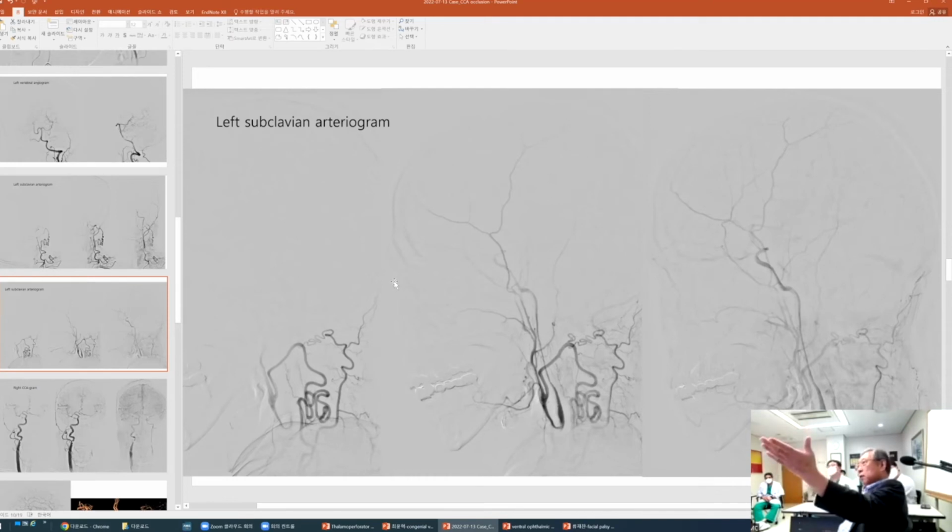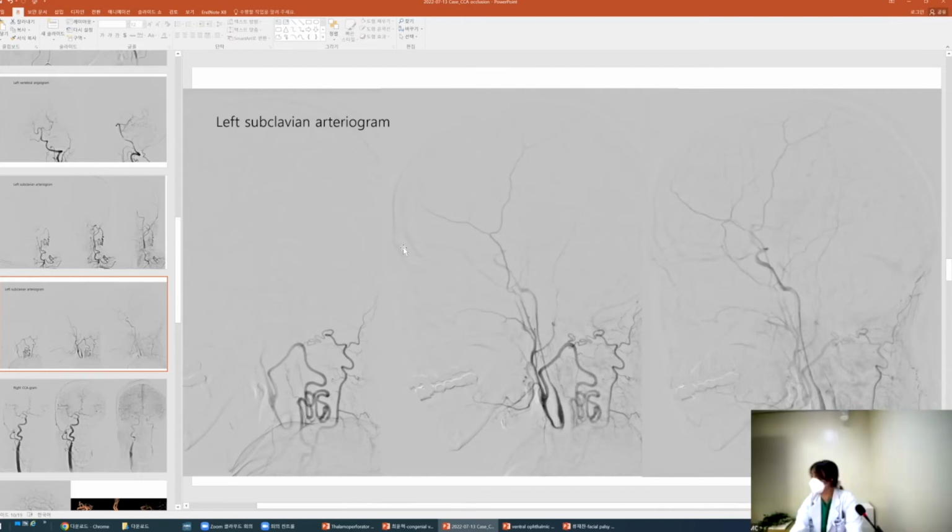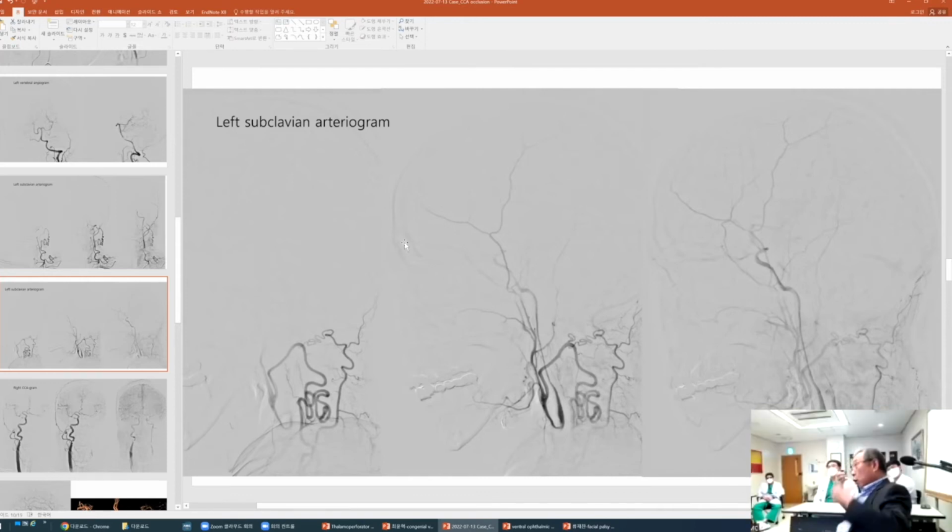You have extensive collateral from cervical arteries to the external carotid artery. Cervical arteries are more of a metameric orientation, including the occipital artery. You know what metamere means? We are all of metameric origin, the whole body. Each segment gives off central nervous system, peripheral nervous system, bone, soft tissue, muscle, skin, including our cervical areas.